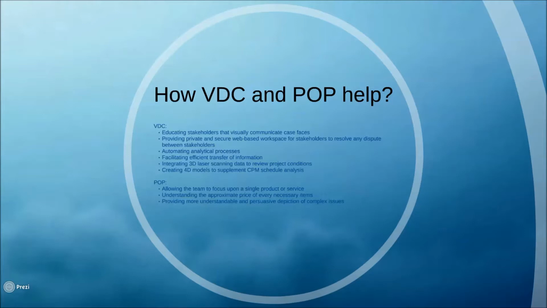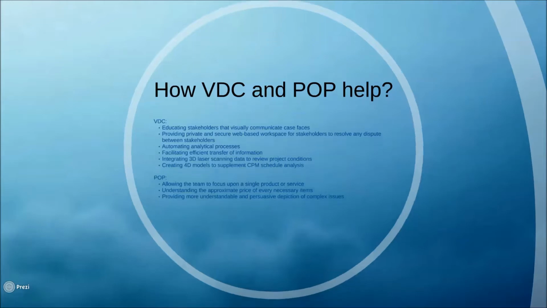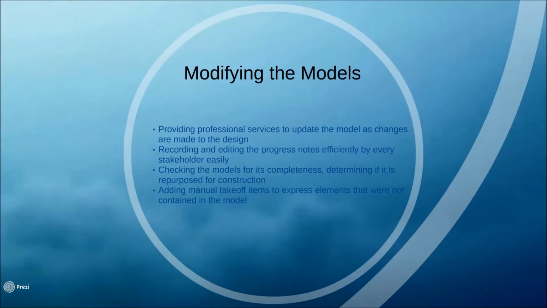The POP model can also allow the team to focus upon a single product or service. It can help understand the approximate price of every necessary item and provide a more understandable and persuasive depiction of complex issues. Therefore, modifying the models is essential to make sure the risk can be coordinated.